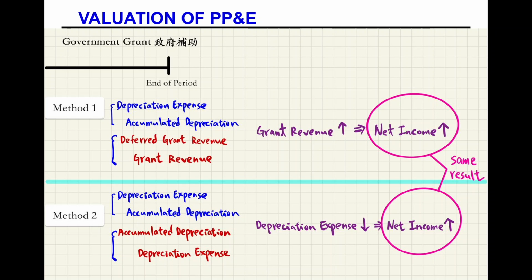Method 1, for the following periods, your liability decreases, you earn the revenue, but we use revenue to compensate your expense. So in the end, your net income increases, right? Method 2, depreciation expense decreases. We use it to compensate your depreciation expense. So they offset each other. Still, make your net income increase. So we got the same result no matter which one you use.